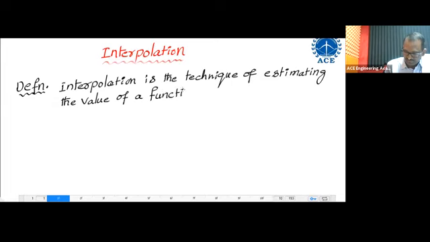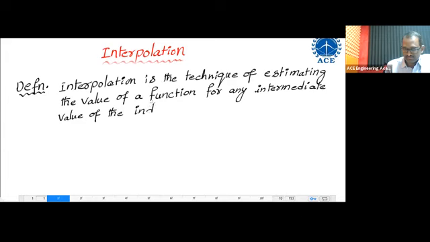Function means y value. The value of a function for any intermediate value of the independent variable. And that is definition number 1.